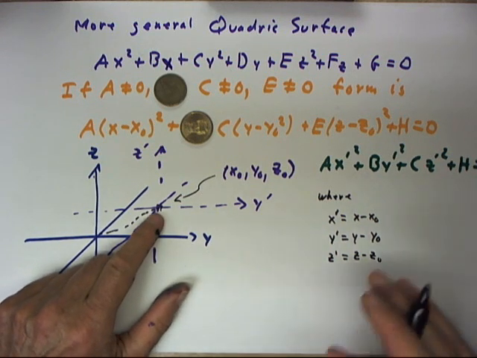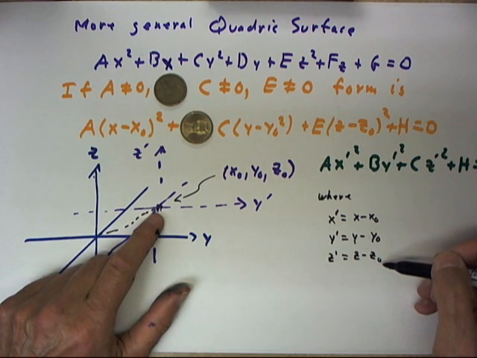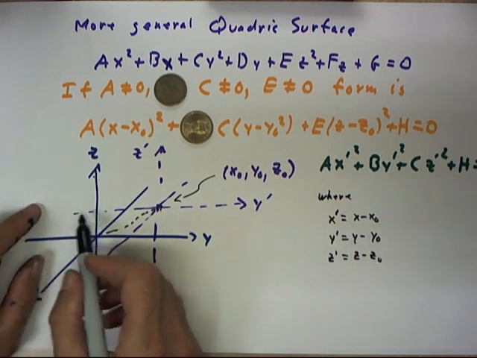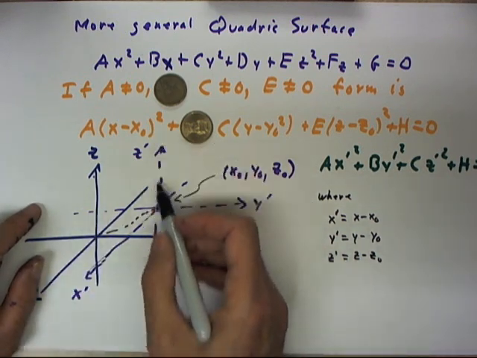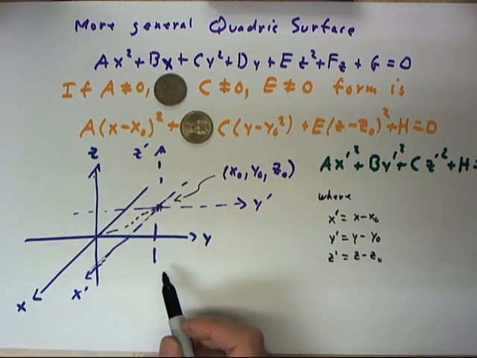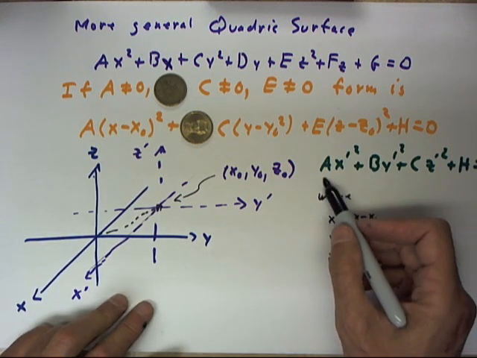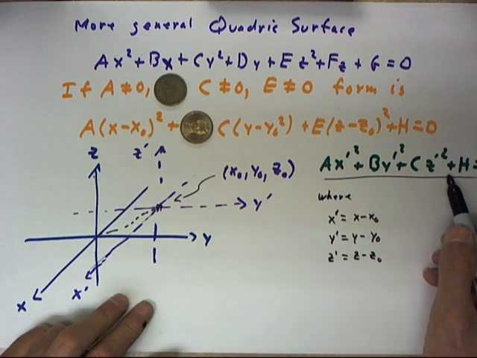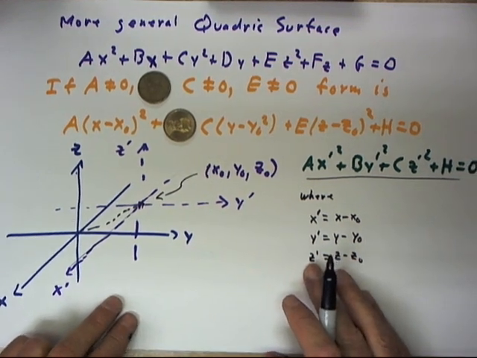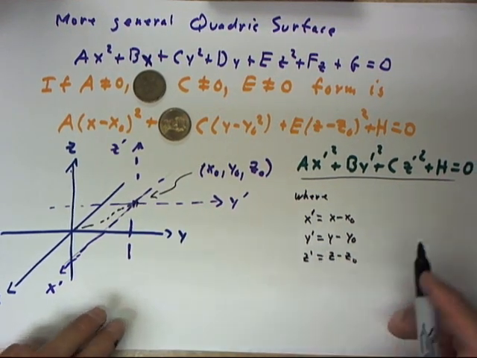That's going to be the 0, 0, 0 point of our new coordinate system, so we can draw an auxiliary x prime, y prime, z prime set of axes, and we can proceed to construct this quadratic surface. Let's move that over a little bit so we can see the whole thing.